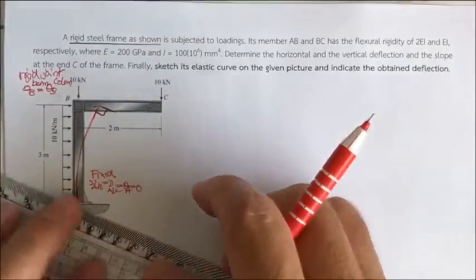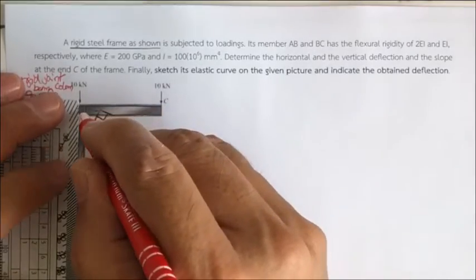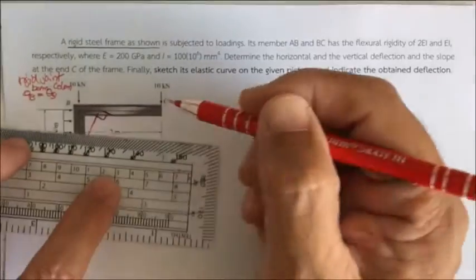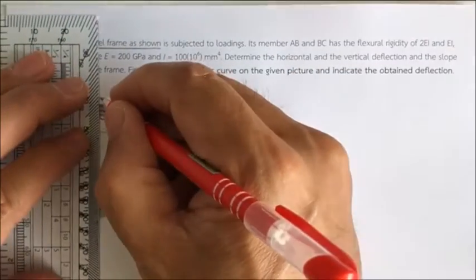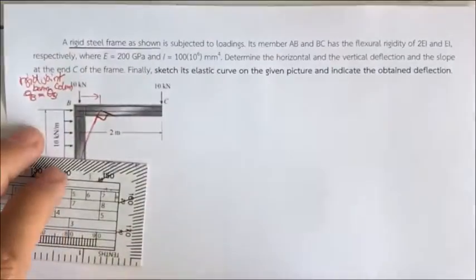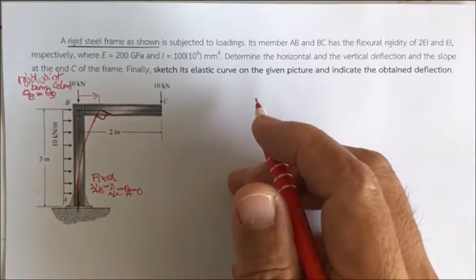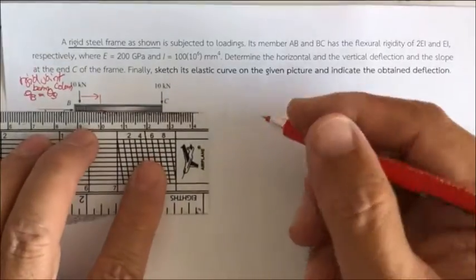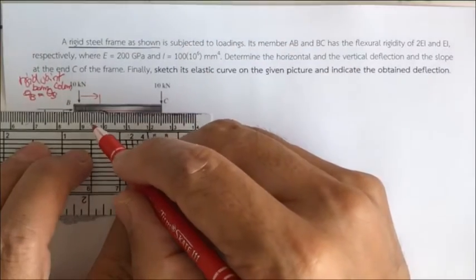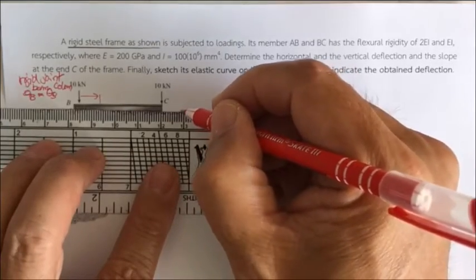And then if this one is the line passing through the centroid of the frame, and this one moves like this, you may understand that since the beam has no axial deformation, this is going to be like 9 millimeter.